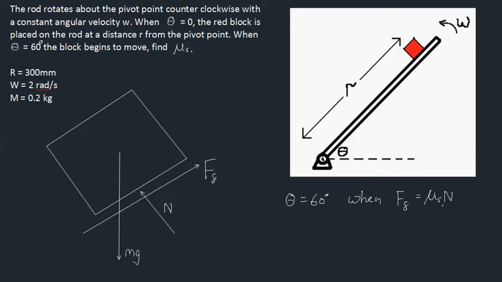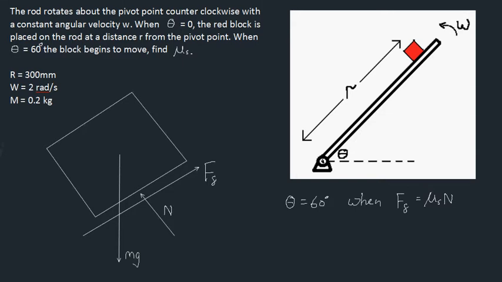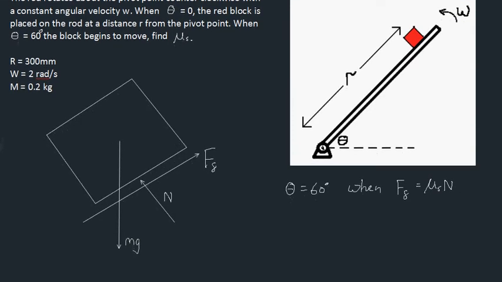If there's another force which overcomes this, then it will just slide. So when theta is equal to 60 degrees, we're dealing with our maximum friction force. I should mention that the block begins to slip relative to the rod. That just prevents someone from saying the block is always moving. But relative to the rod, the block starts to move at 60 degrees.